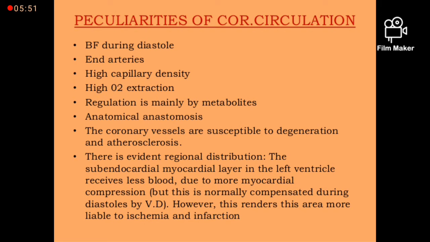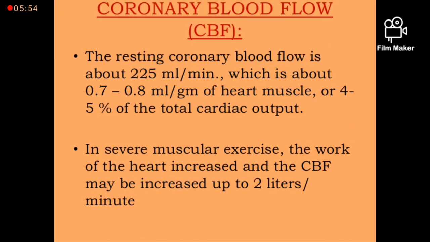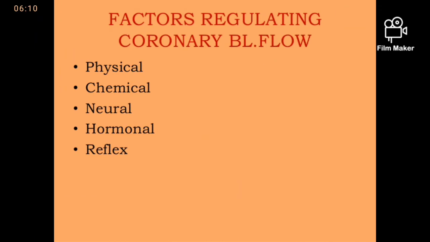The coronary vessels are susceptible to obstruction. Coronary blood flow is about 225 ml per minute, about 0.7 to 0.8 ml per gram of heart muscle, that is the ratio.